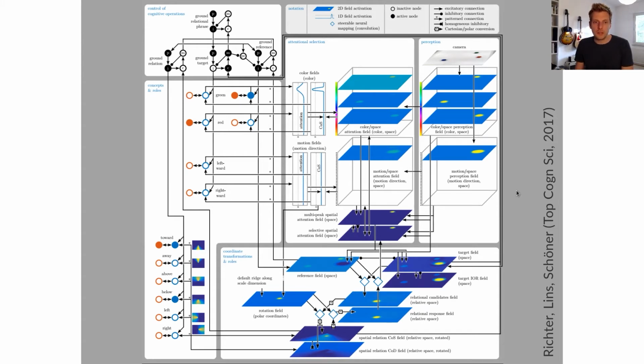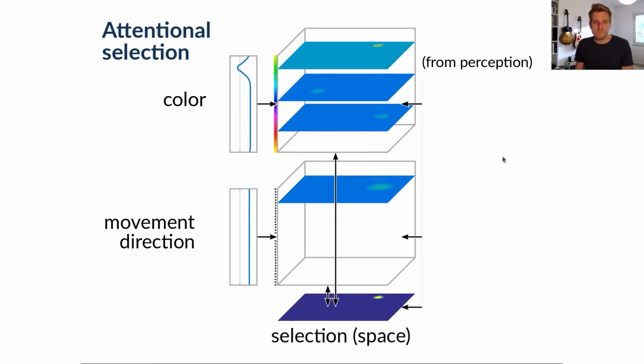Good. So the next thing that we want to talk about is the attentional selection part of the model. And this is a mechanism that allows the model to highlight objects of certain features. So this here is the color field, the one-dimensional color field that we looked at before, which gets input from these categorical concept nodes. So if you imagine that we activate green here, that would generate a peak in this field, as we've seen before. And this couples into a three-dimensional field like this, which receives activation from perception, if the perception had similar fields to this.